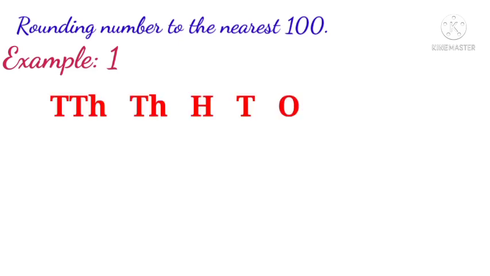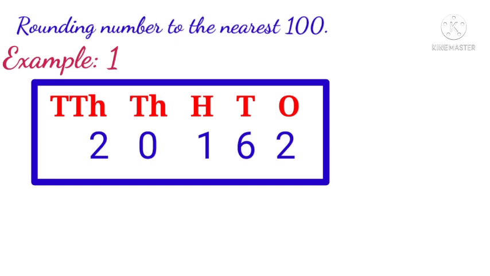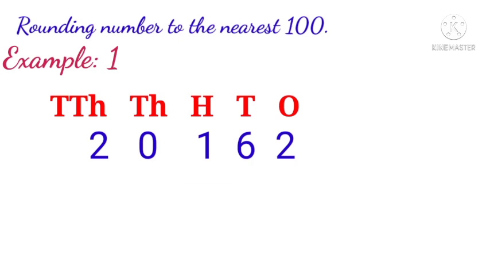Step 1. Arrange the given number in a place value chart. Step 2. Identify the place to be rounded. That is, in 20,162, the hundreds place should be rounded off to the nearest 100. Step 3.